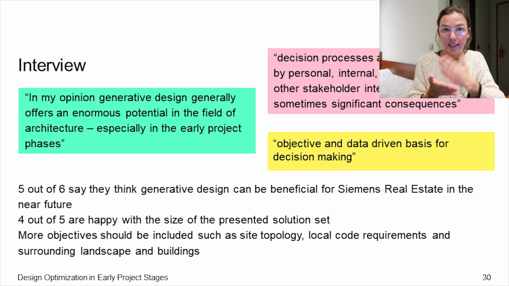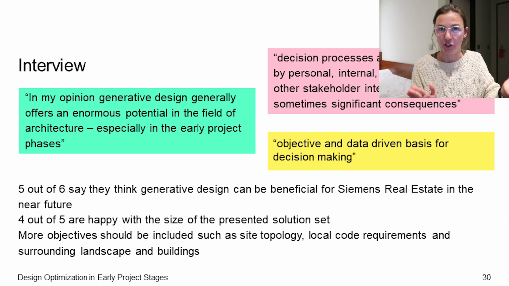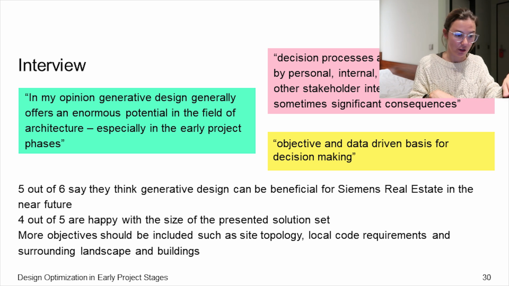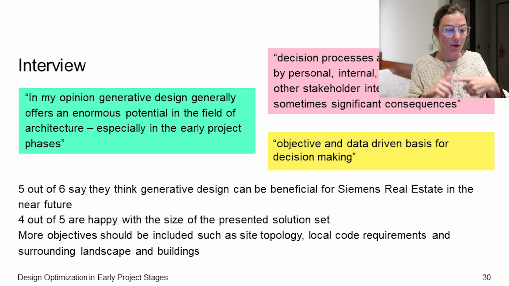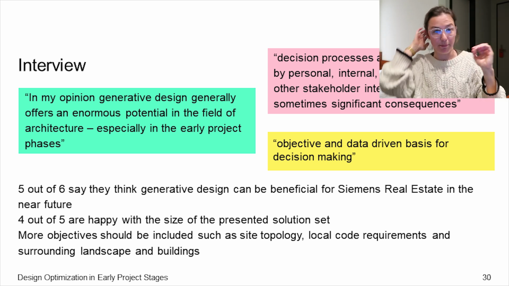With generative design, the hope is that the decision-making process would become objective and data-driven. However, there was also the wish for more objectives to be included, for example, the site topology, local code requirements, or the surrounding landscape and buildings.